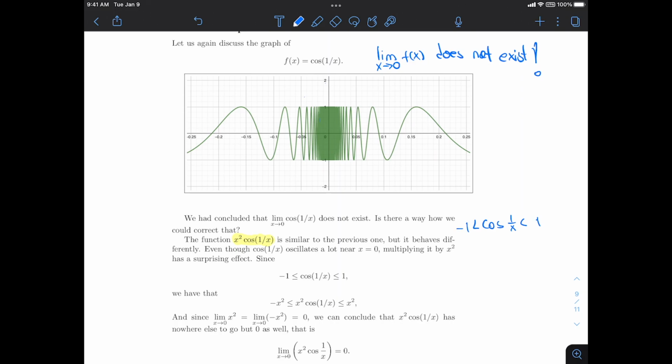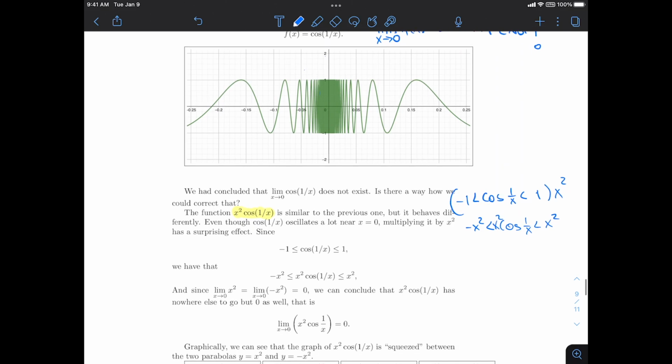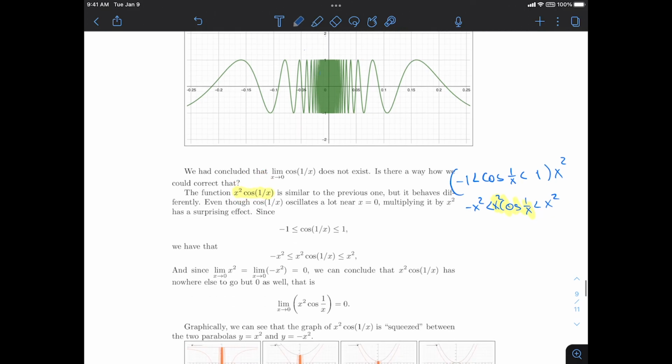So if you multiply each of those inequalities by x squared, you get minus x squared less than x squared cosine 1 over x less than x squared. So this new function is between minus x squared and x squared.